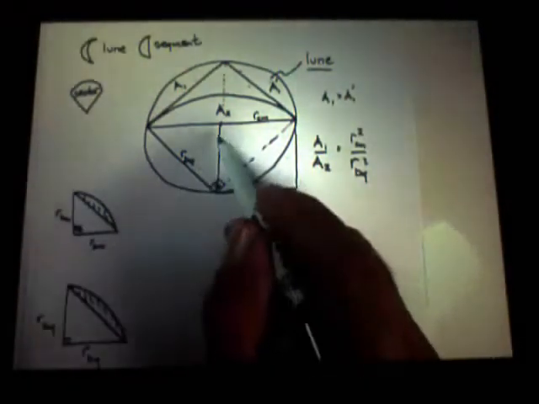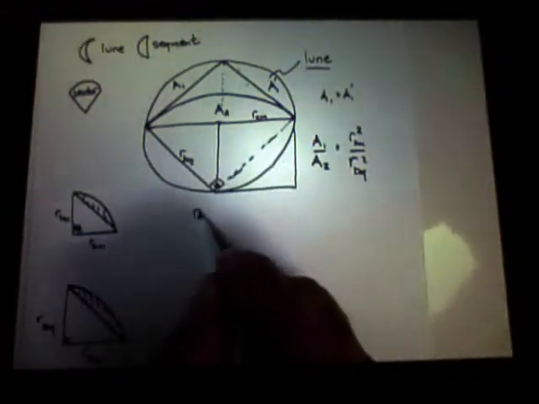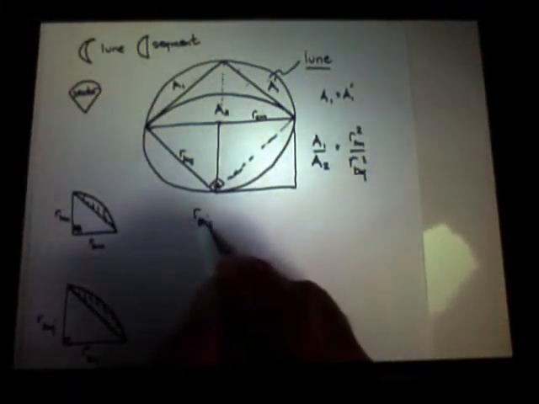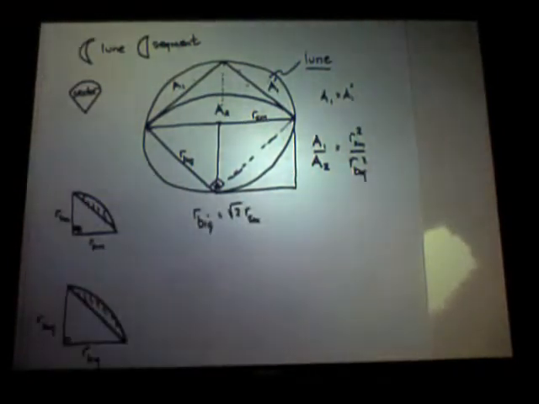Does that seem plausible? If you assume that area figures are proportional to squares of characteristic lengths, in this case the radii here that define these segments, that's true. What is r big in terms of r small? This is r small, this is r small, that's r big. I claim r big is the square root of 2 times r small, right?